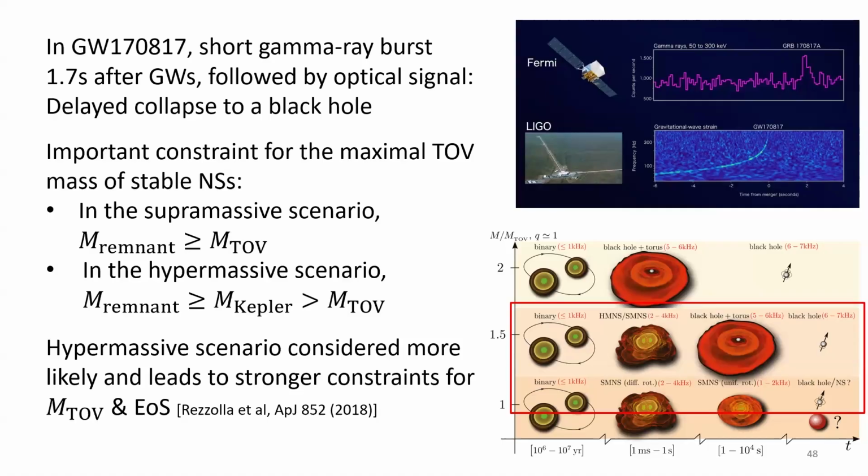Say that for a given equation of state, this M_TOV is 2.1. Then this M Kepler can easily be 2.3. So it's a substantial effect if you allow the star to rotate maximally fast.